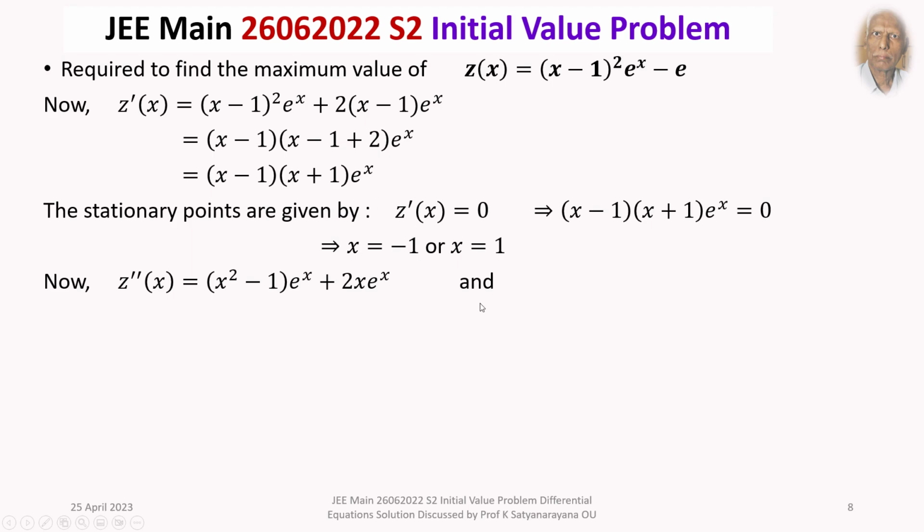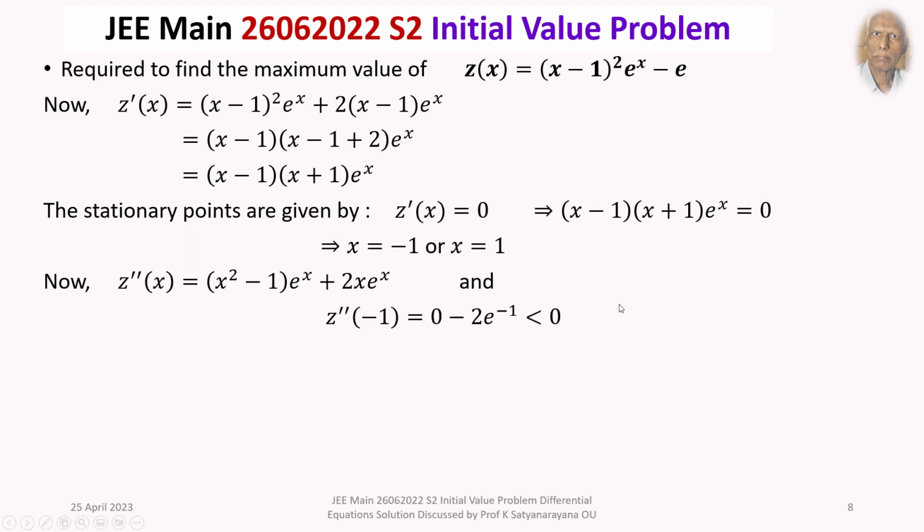Agreed. And in this we put x equal to minus 1. So z double prime at minus 1 is equal to, with this minus 1 the first term becomes 0, and this will give you minus 2 into e power minus 1, that is negative.